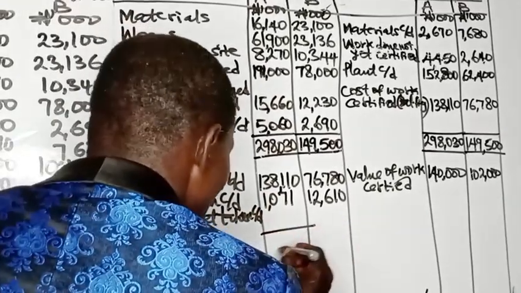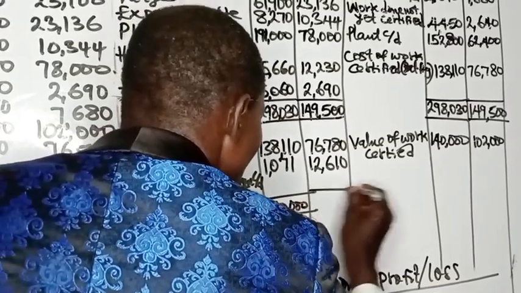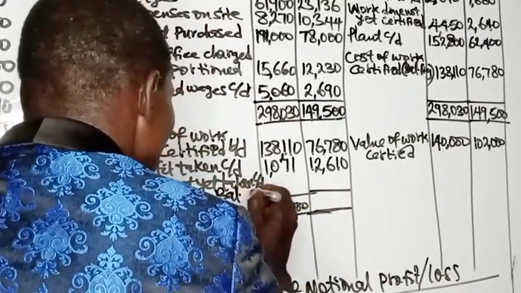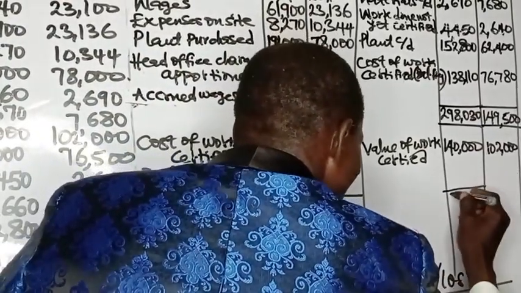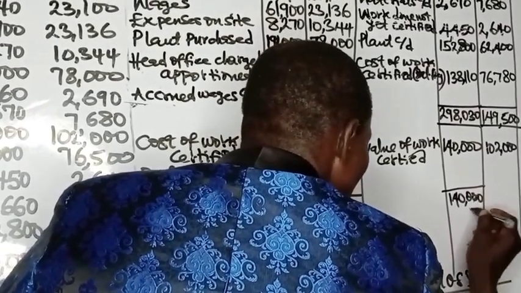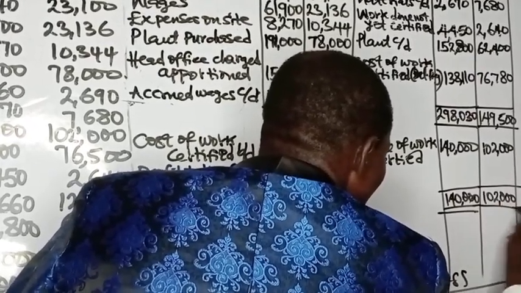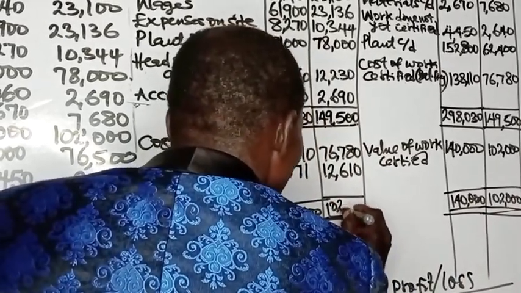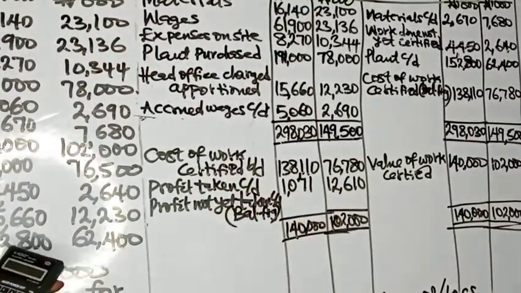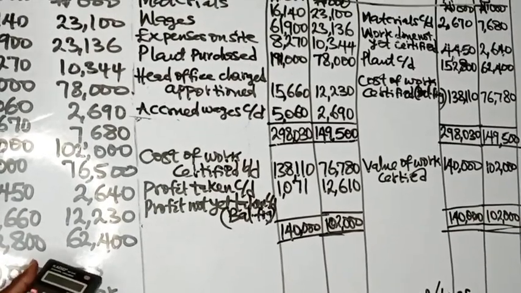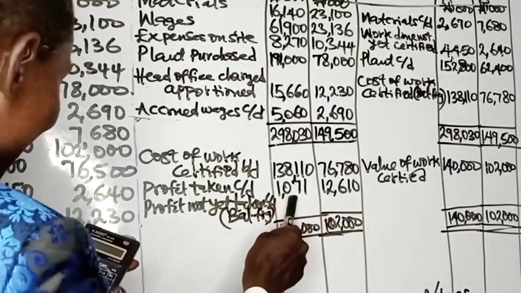The balancing figure is the profit not yet taken. For contract A, 140,000. For contract B, 102,000. How much is now the balancing figure in this case? 138,110 plus 1,071 is total 139,181.